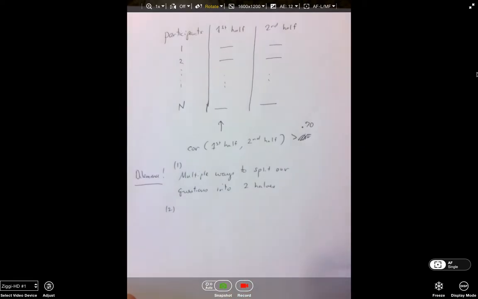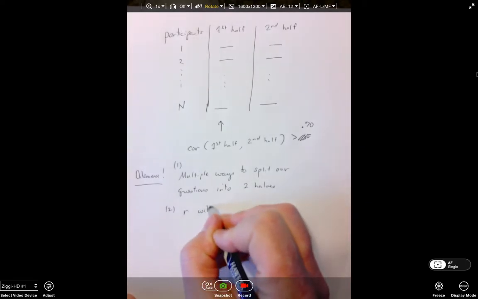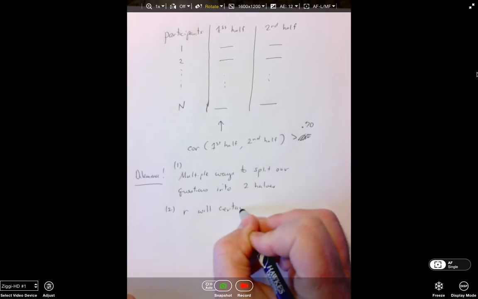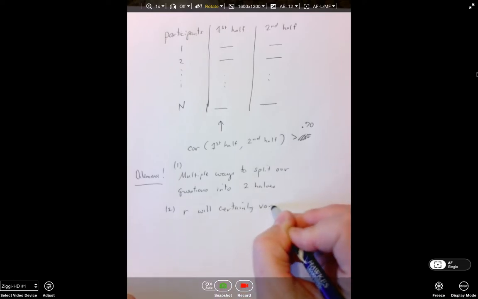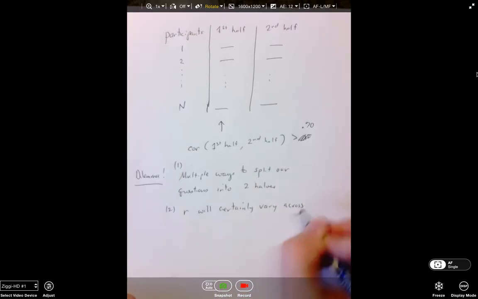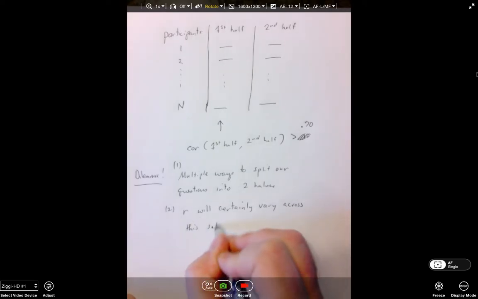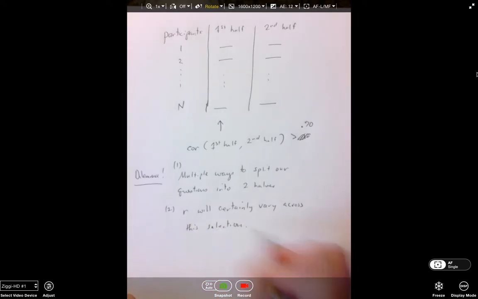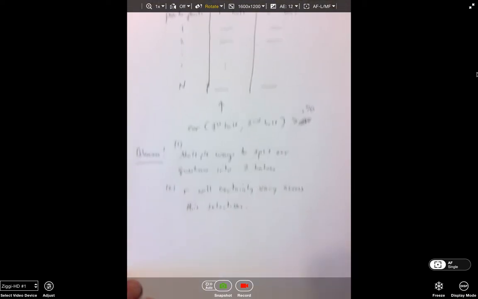And dilemma number 2 is that the correlation will certainly vary across this selection. That's really nothing new to us in statistics because we expect variations in the way that we collect samples. But if you're trying to tap into a true split half correlation, at the end of the day, which one do you choose?